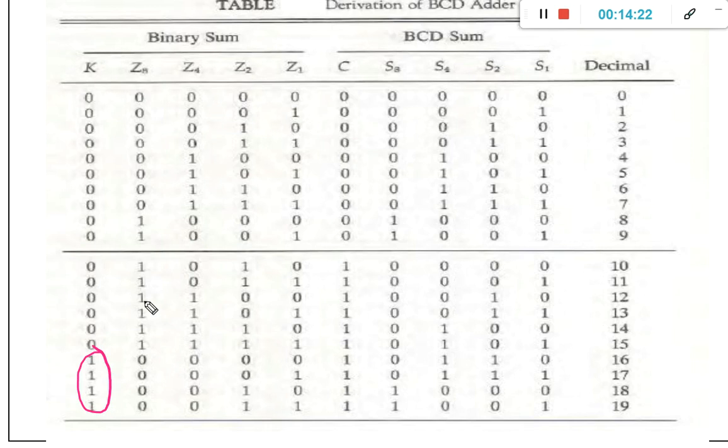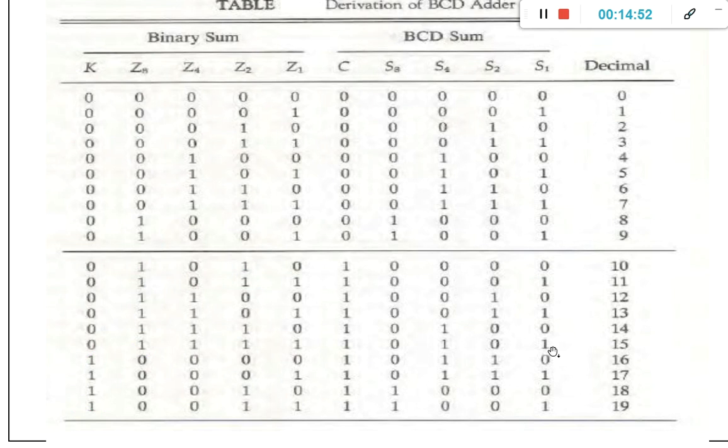Whenever there is a 1 in Z8, we need a correction. So whenever there is a 1 in Z8, there will be a 1 in either Z2 or Z4. So for these numbers, we need a correction.